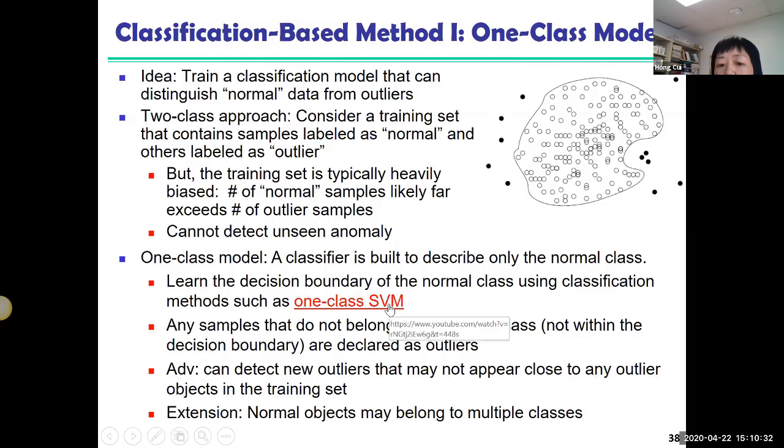So the one-class support vector machine does not need labeled data for two classes. We only need the normal examples that we have detected. For new data we use the support vector boundary learned, and if it is outside the boundary, it is an outlier. If it's inside the boundary, it's normal data.